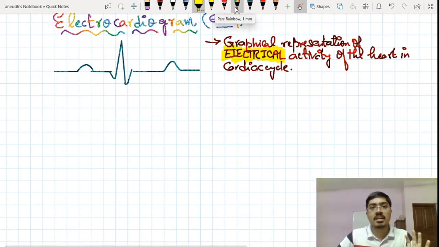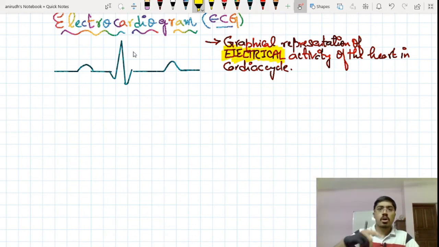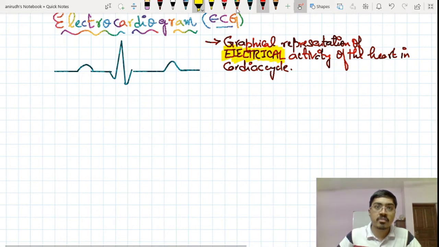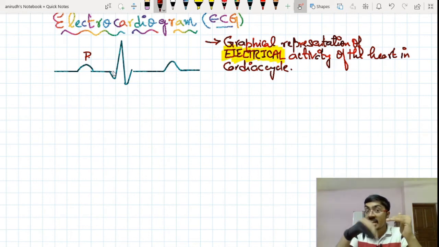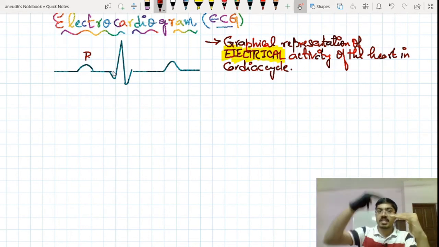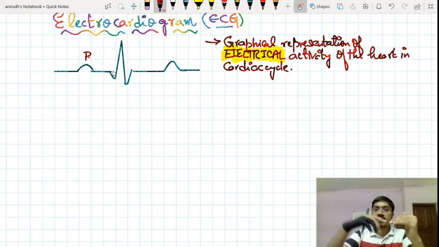We are all aware of this. Now if you see this, there are many waves over here. It's a flat line, and a lot of waves are there. There are names for each and every wave, right? The first wave here, it looks like a bump, isn't it? This is called the P wave. Whatever wave is coming above this particular baseline is the positive wave.